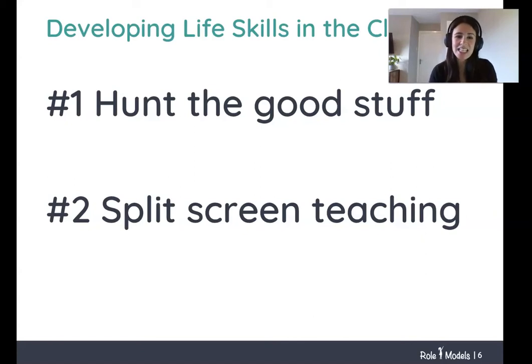The second idea is split screen teaching, which sounds far more complicated than what it actually is. This is when we teach an objective. We have our academic-based curriculum objective, which might be, for example, learning how to do equations in maths. And alongside that, we make a direct link to the character attribute that we are also developing at the same time. Now, often as teachers, we hope that this happens naturally, but we don't always make that explicit to our class.